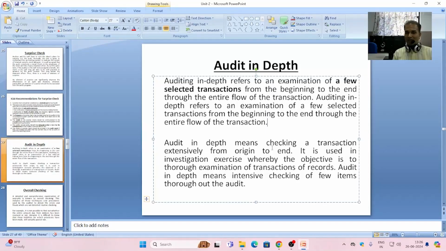So, audit in depth is a detailed checking of transactions from origin to end, but only for a few selected transactions, not for the total number of transactions. It provides deep results regarding the true and fair view of the business, again as compared to test checking and routine checking.